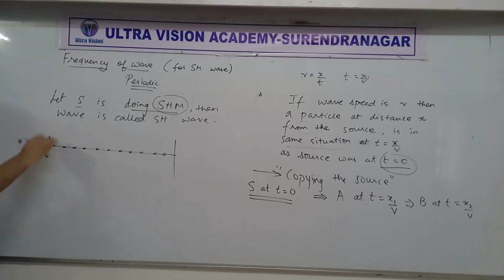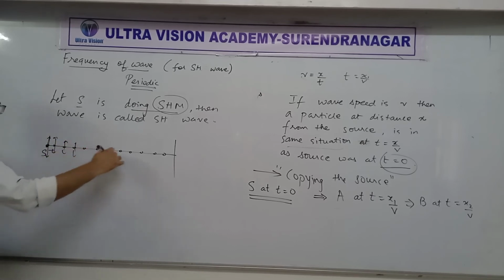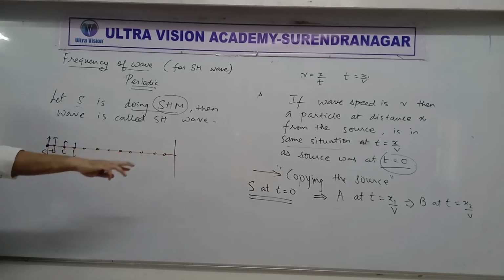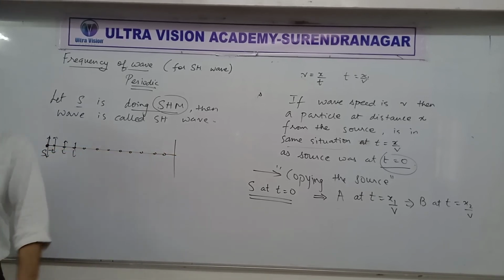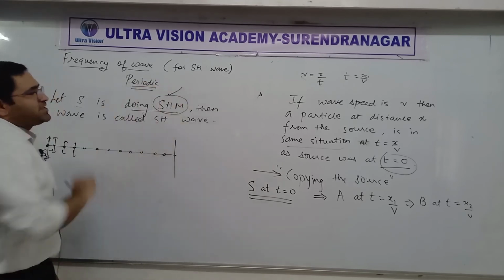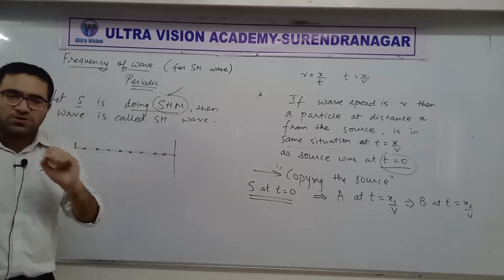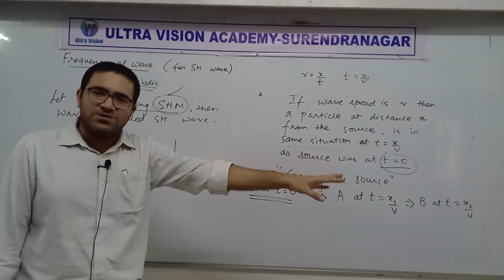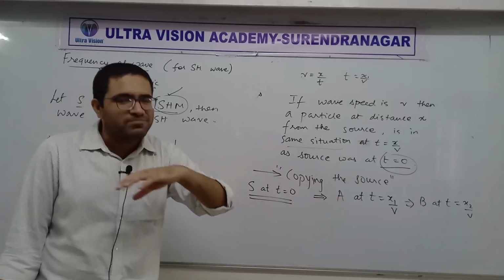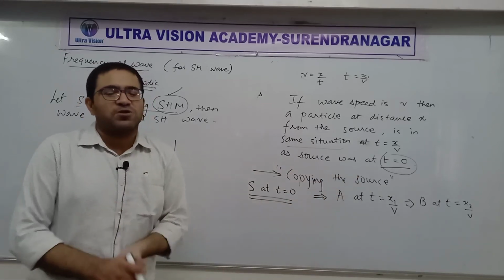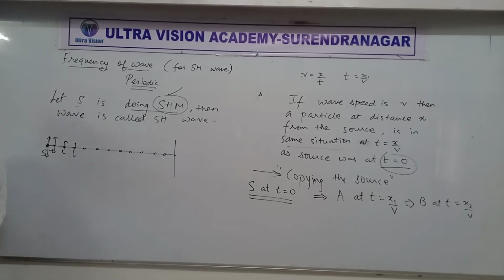Let's say this keeps oscillating. This is doing simple harmonic motion. So after some time, the second particle will start oscillating. After some time, the third particle will start oscillating. Fourth, fifth, like that. Everything will start oscillating. Is that clear? And they all will be doing SHM. That's why this is called a simple harmonic wave. Right? So if the source is doing simple harmonic motion, all particles on the string or on the medium will start doing simple harmonic motion. Understood?